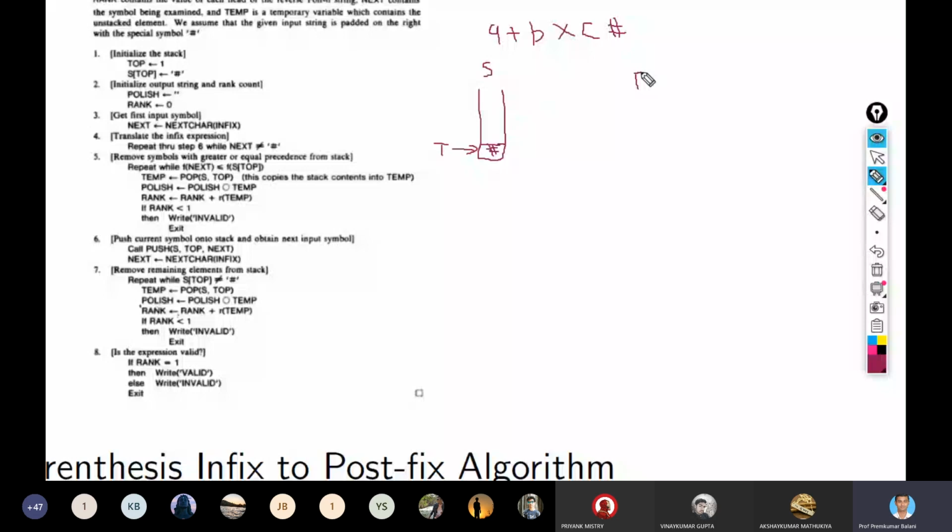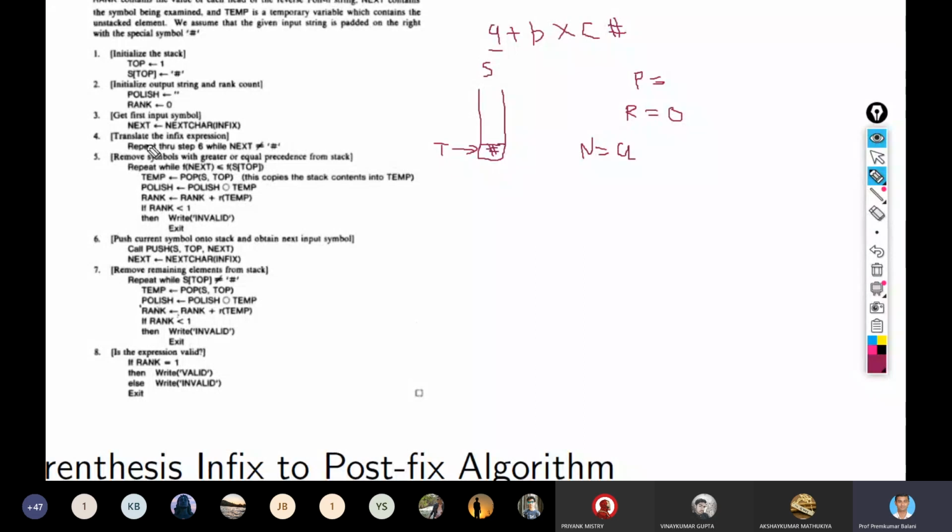And then rank, I would say r instead of rank. R equal to initially 0. Okay. Now next is equal to next character from the infix. So what is my next character? A. Everyone? Okay. So now next, I would say only n, equal to right now A.